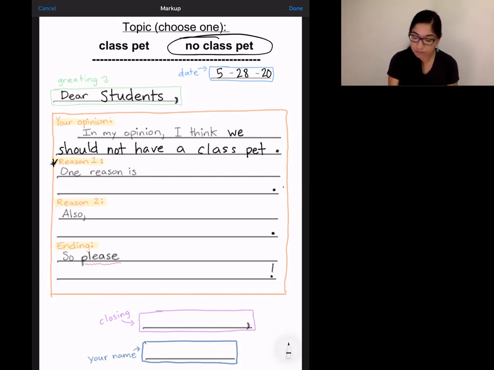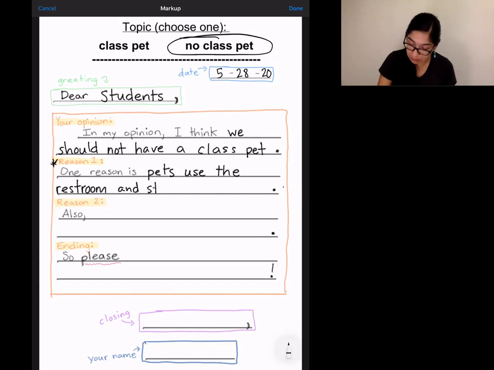So, one reason is pets use the restroom and stink up the class. That's a good reason.